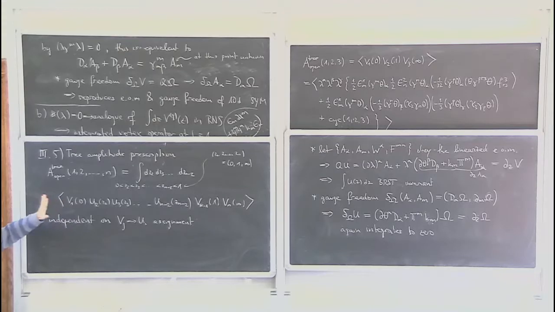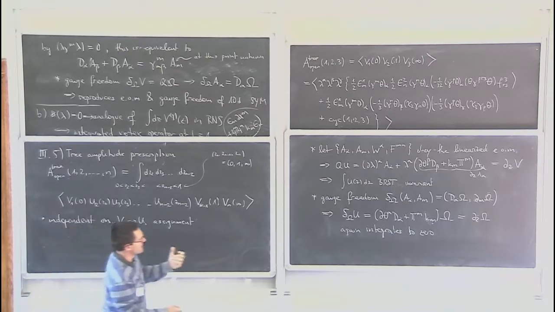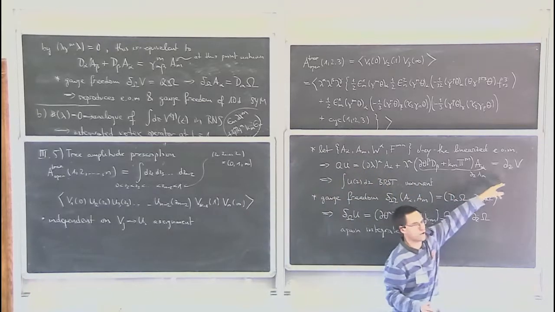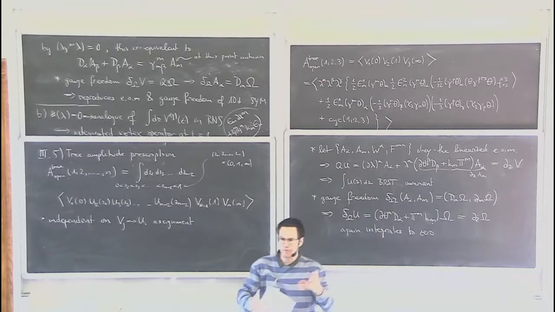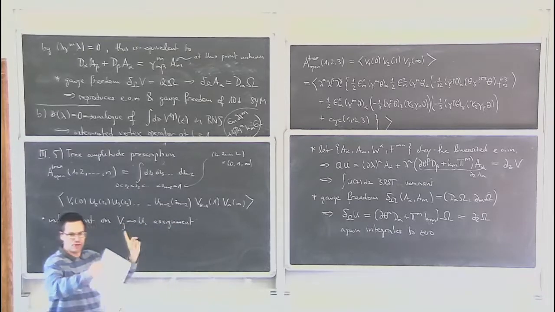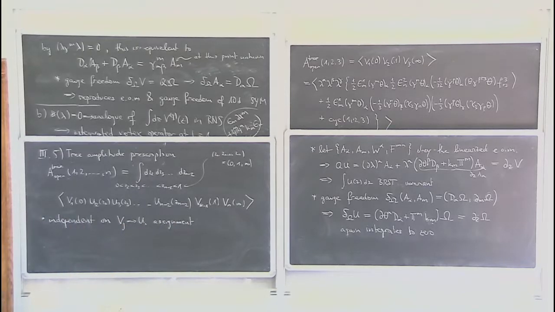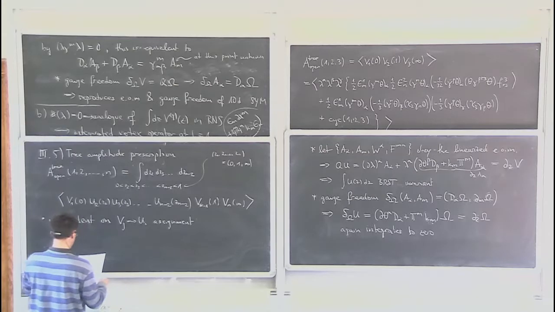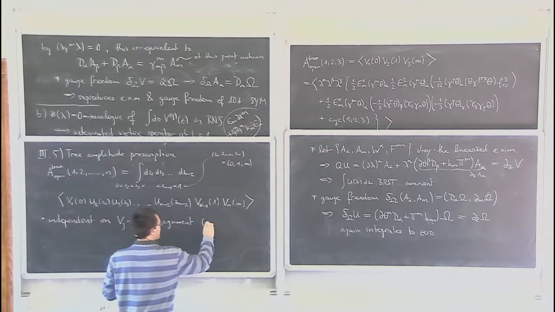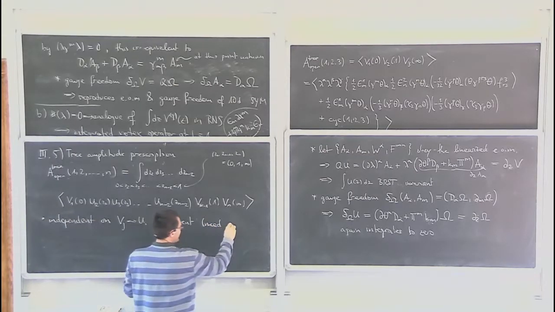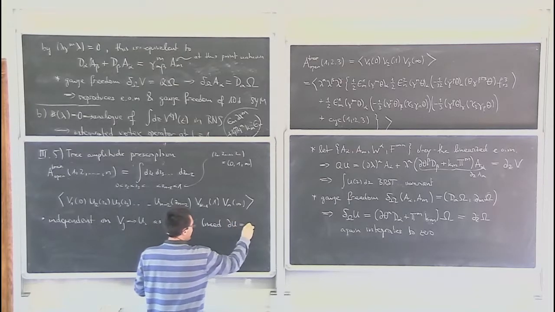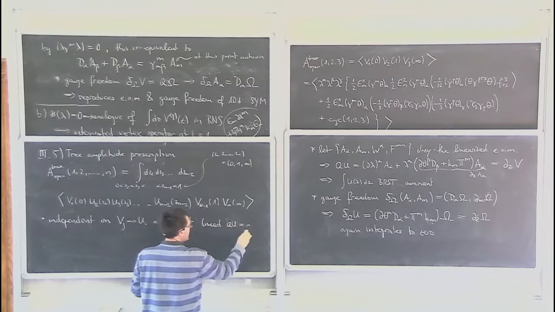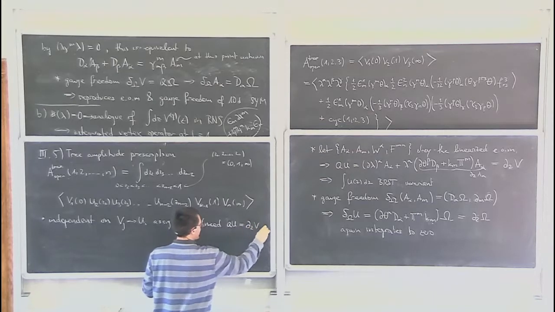This is not particularly obvious at first glance, but in order to check that, you must essentially make use of this relation connecting U and V. It's maybe half of a page of a calculation. I won't do it here, but I can give you a reference to a Berkovits paper from 2000, where he shows this explicitly. Let me just remark that the proof is essentially an application of QU equal to del Z of V.